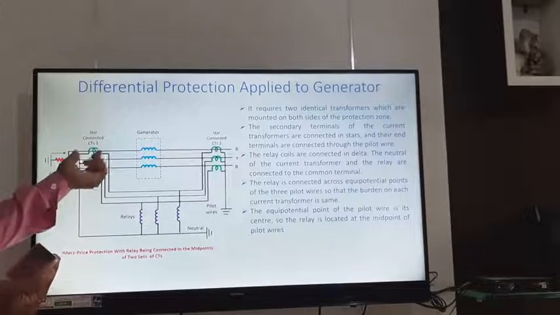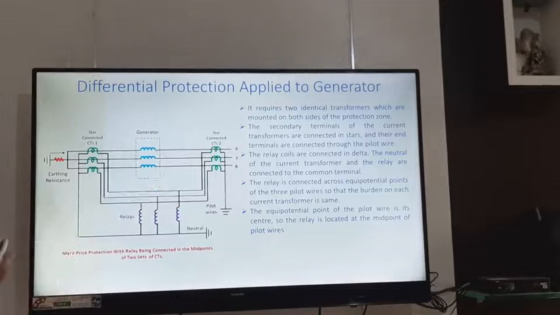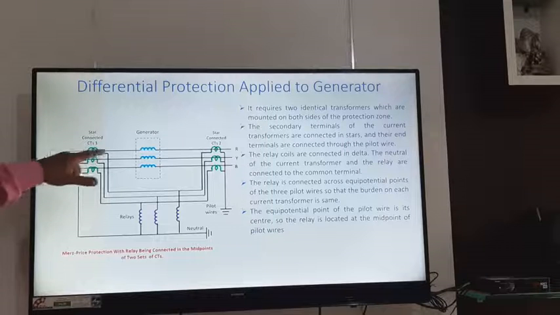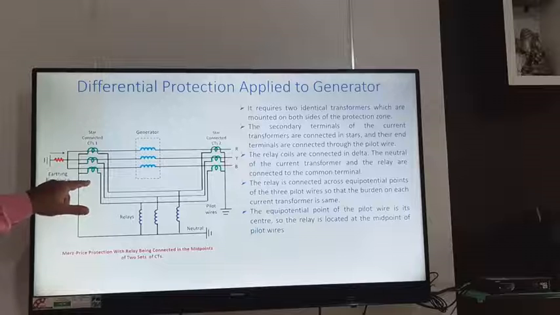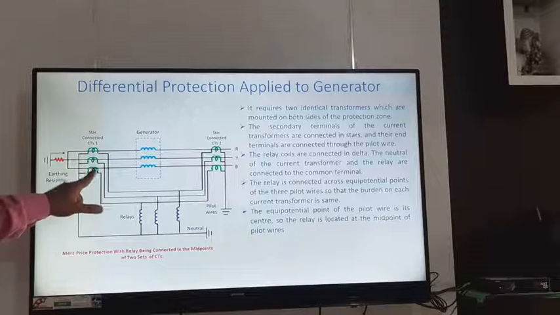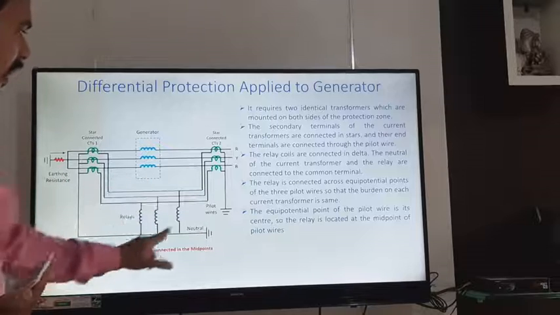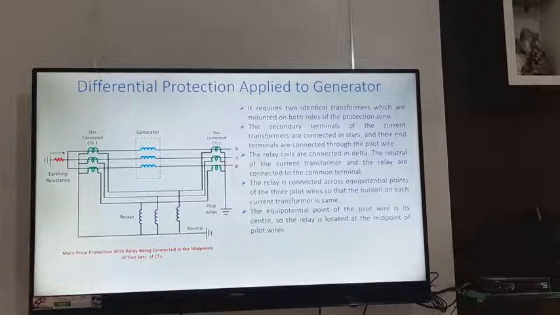The secondary terminals of the current transformers are connected in star, and their end terminals are connected through the pilot wire. This is the pilot wire through which both CTs are connected.